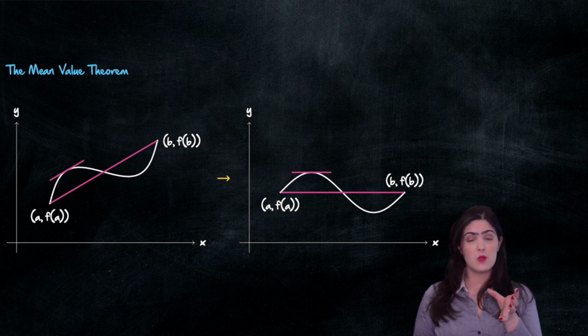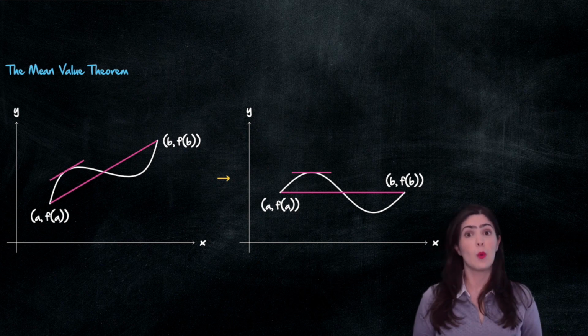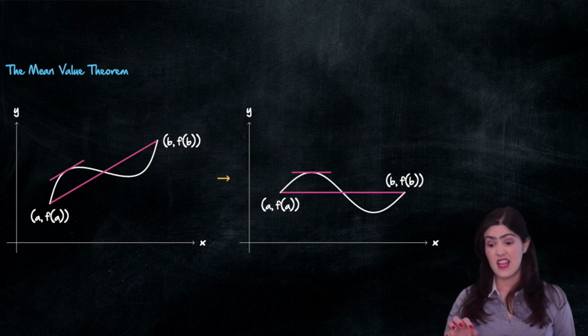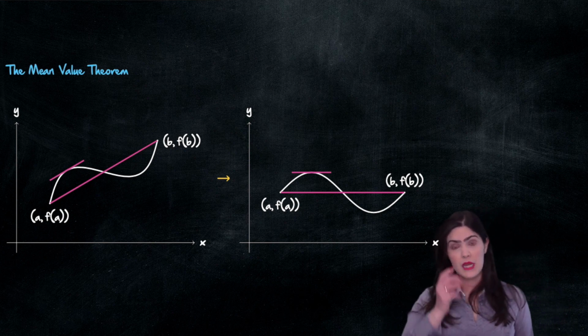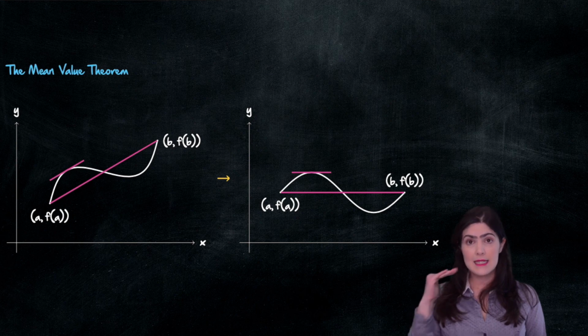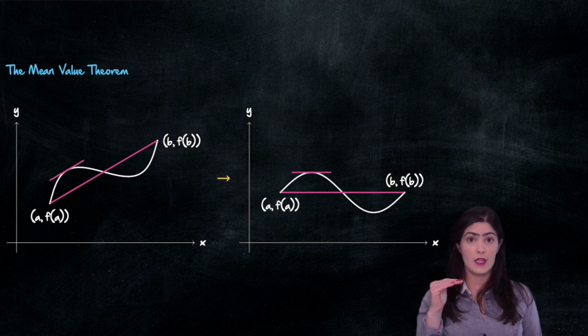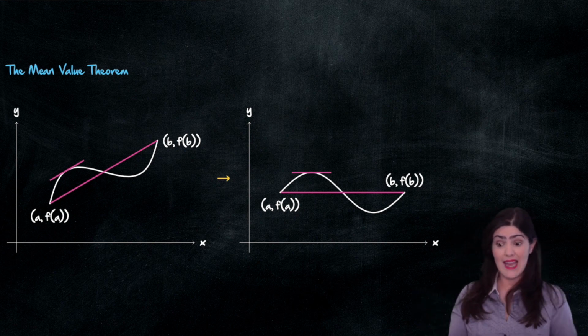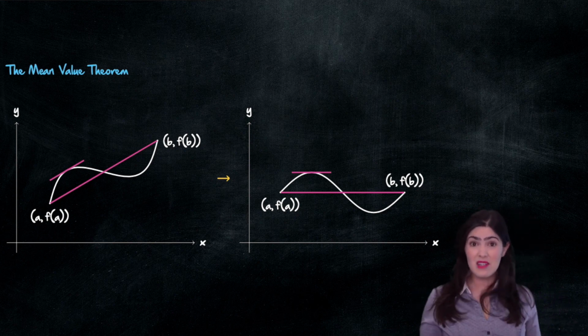The only thing that we did is rotate our picture a bit. We now made those pink lines horizontal, and that tells us that in that new picture, after rotating, f(a) is equal to f(b). And the tangent line now is horizontal, so f'(c) is actually 0.